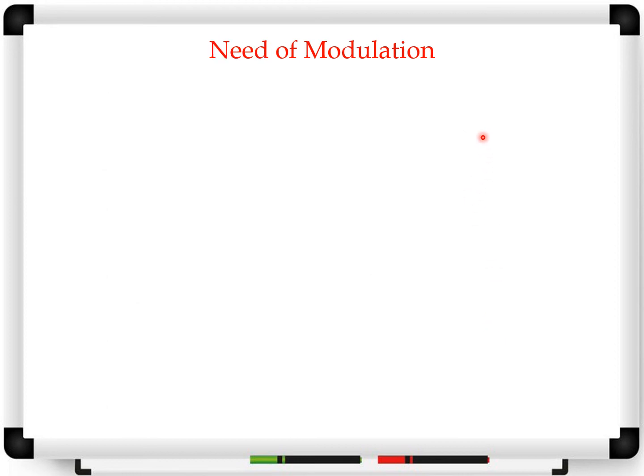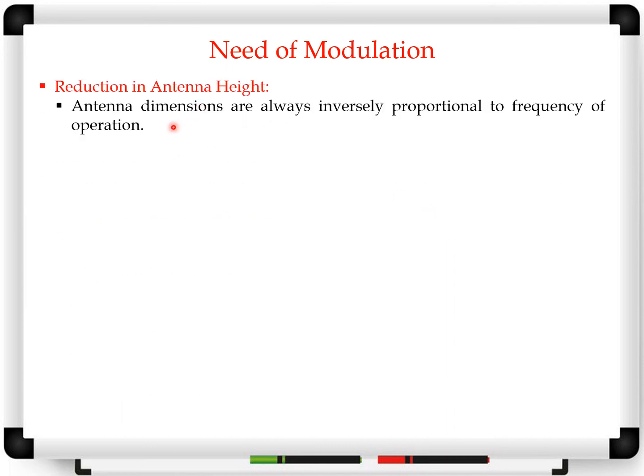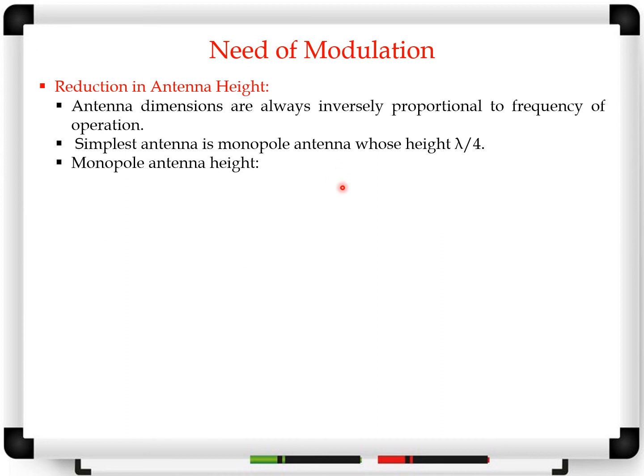So first, reduction in antenna height. We know that antenna dimensions are always inversely proportional to the frequency of operation. The simplest antenna which we use in any communication is the monopole, whose height is lambda by 4. Now if you consider the monopole antenna height at 3 kHz, the height will be lambda by 4.